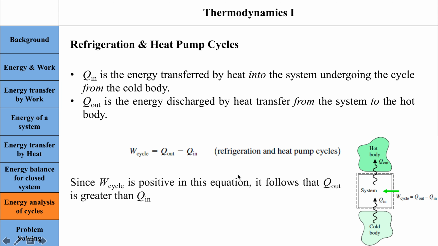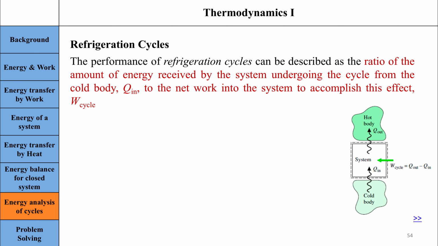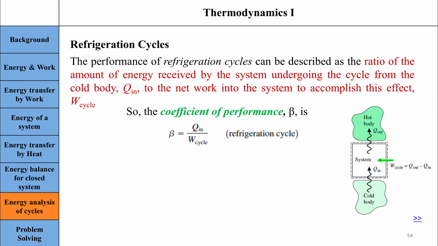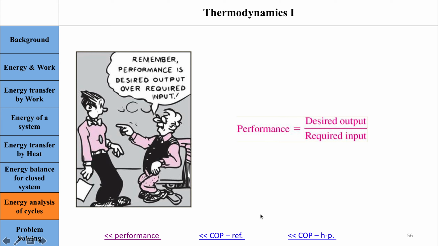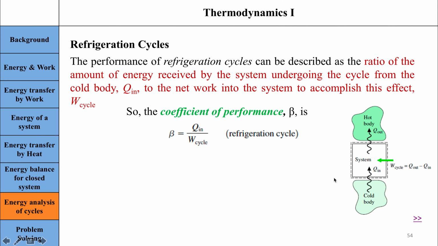Basically, for the coefficient of performance of a refrigeration cycle, we are interested in this body, so Q in is what we are interested in. In terms of performance, it's desired output by required input. So the required input was the work done across the cycle, and the desired output was Q in. You can also write it in terms of this, so you can simplify it.